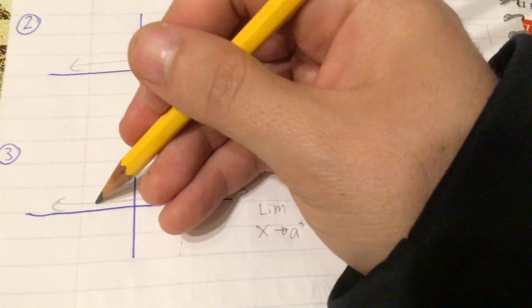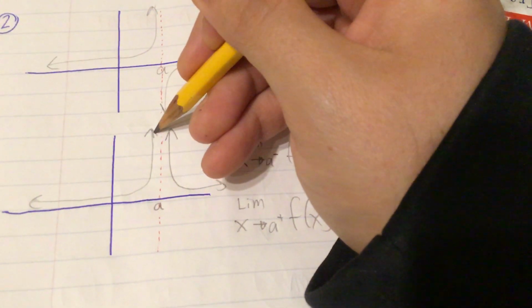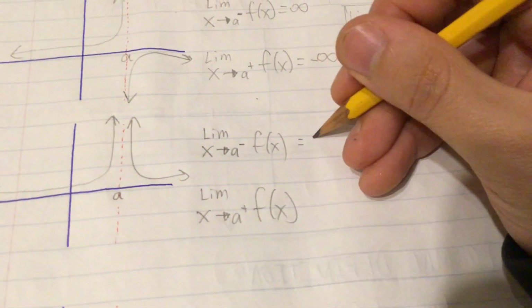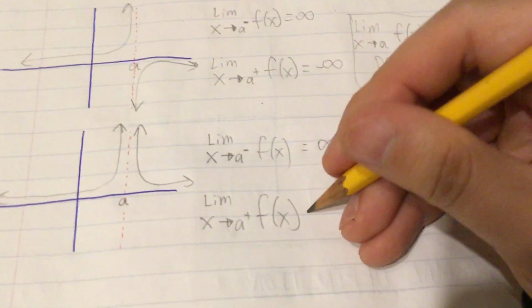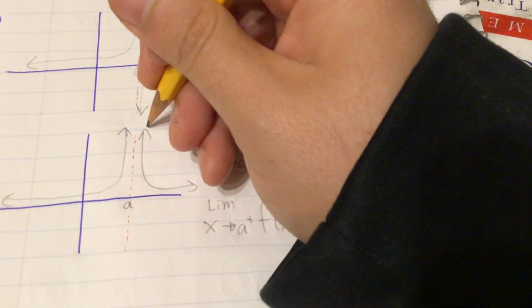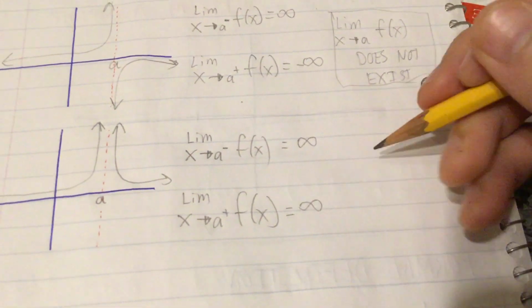So if we trace the limit as x approaches a from the left side, the left-hand limit, it wants to go to positive infinity. And if we trace the limit as x approaches a from the right side, it also wants to go to positive infinity. So remember my definition for a limit existing.